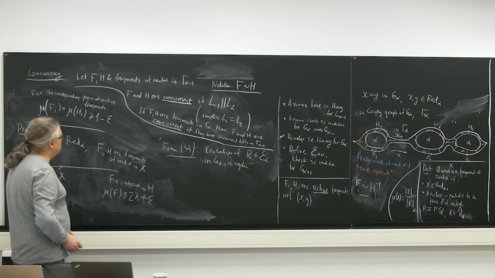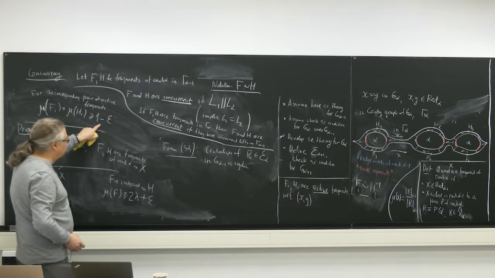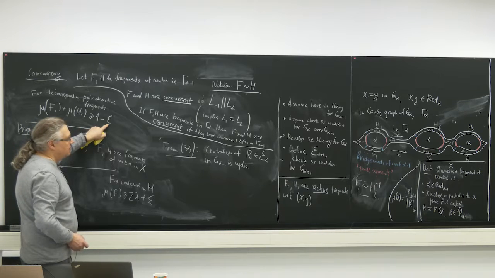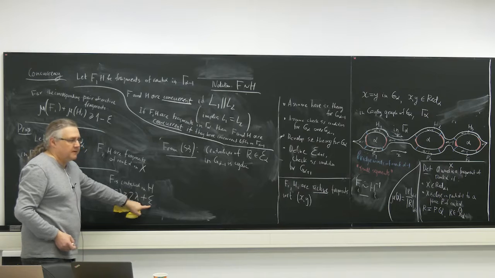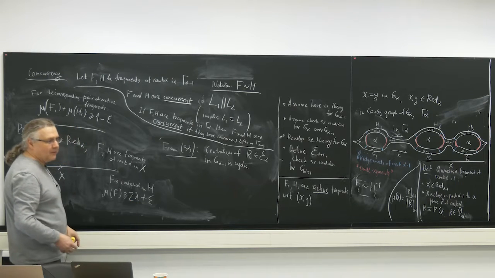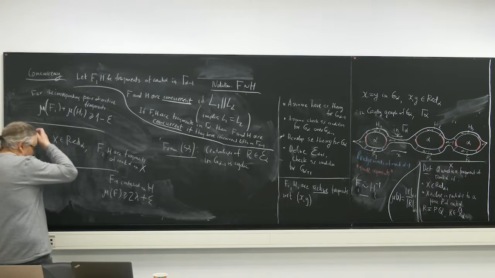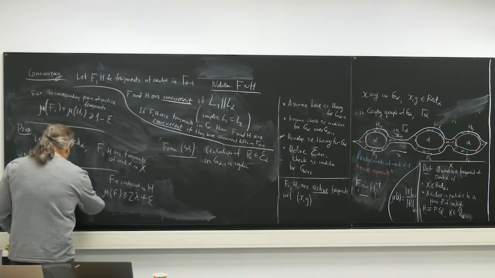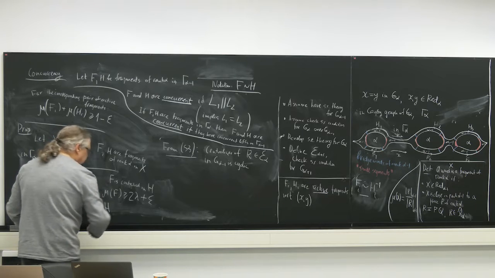Let me write epsilon several times today, but every occurrence of epsilon on the board means a different small value. Then F and H are concurrent.